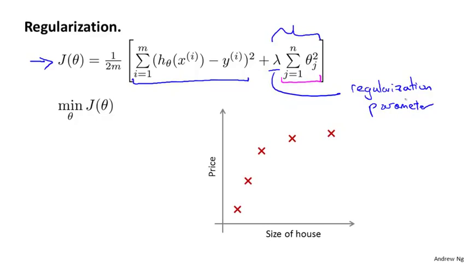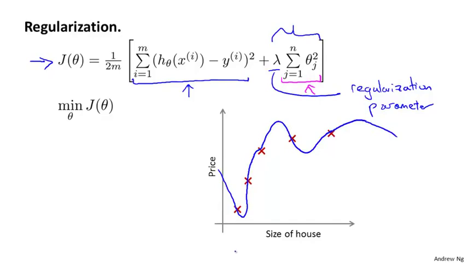What lambda, the regularization parameter, does is control the trade-off between these two goals: fitting the training set well, and keeping the parameters small, and therefore keeping the hypothesis relatively simple to avoid overfitting. For our housing price prediction example, whereas previously if we had fit a very high order polynomial, we may have wound up with a very wiggly or curvy function like this.